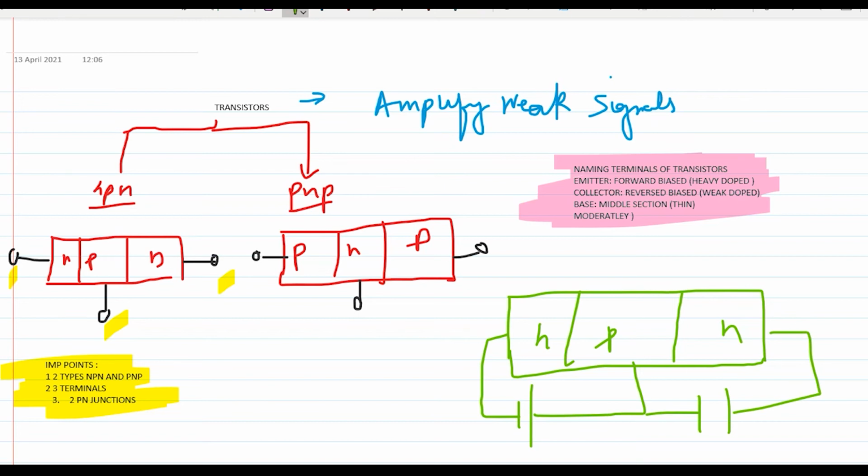This is the emitter, so electrons from here travel to here and combine with a few holes present here, and the rest travel to the collector. The holes come from the battery and get diffused, and these holes prevent the repulsion between the electrons present here and those coming, and also allow more electron-hole combination.